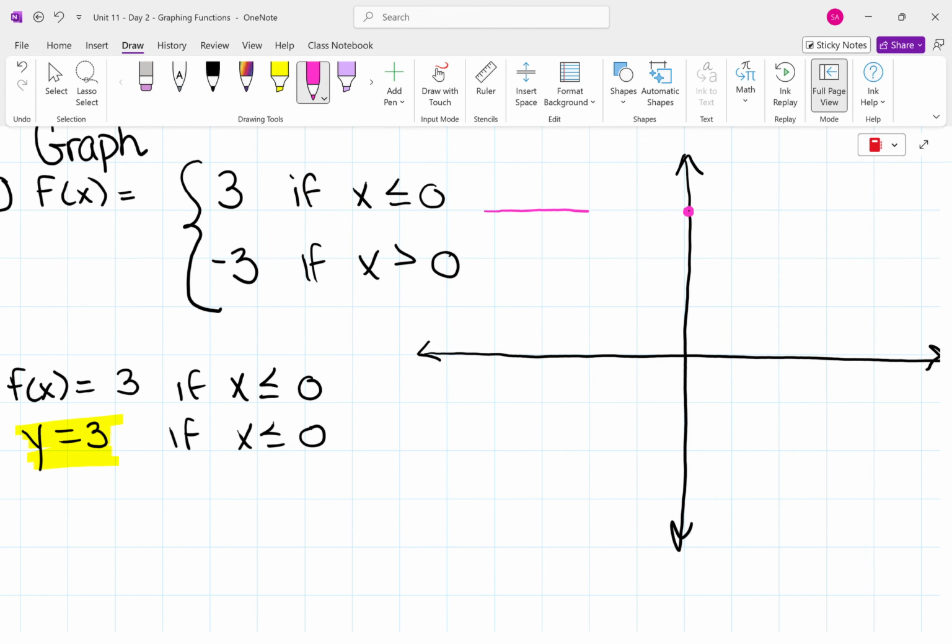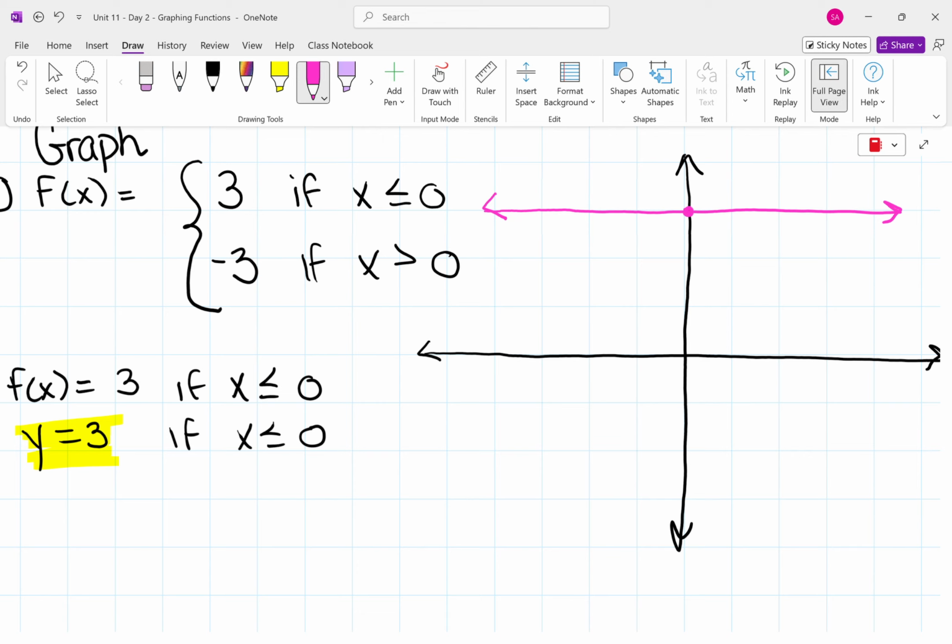All right, so the line y equals 3, I go to where y is 3, and I draw a horizontal line. But there's a restriction on this. It's saying y is equal to 3 only when x is what? Less than, good. Only when x is less than or equal to 0. So where is x less than or equal to 0?